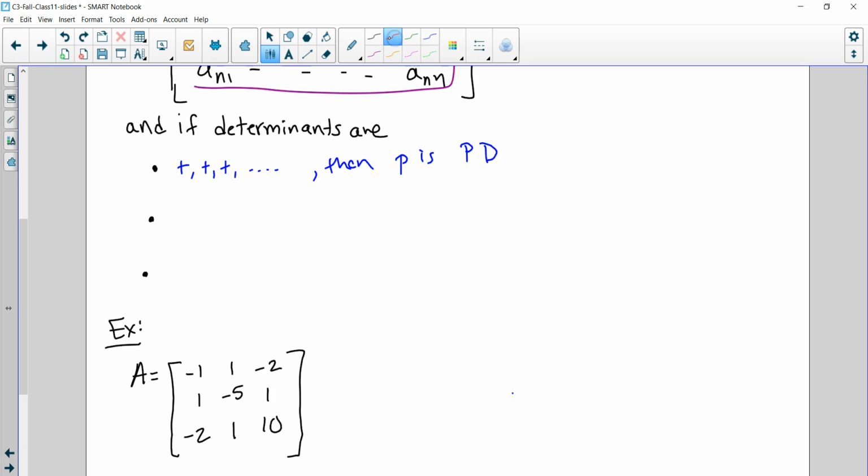If the signs alternate, and actually it has to be in this order, negative, positive, negative, then positive, so they're alternating, then P is negative definite.